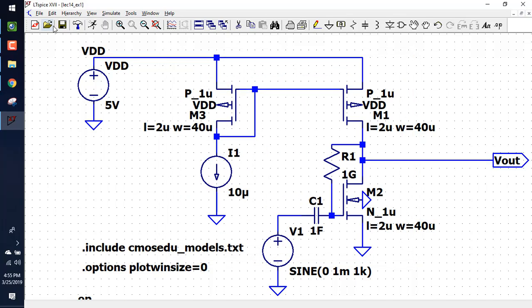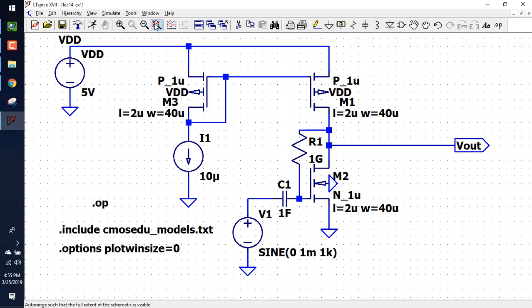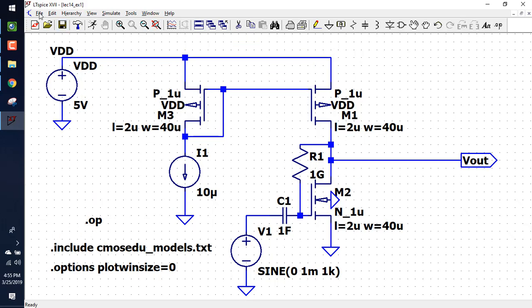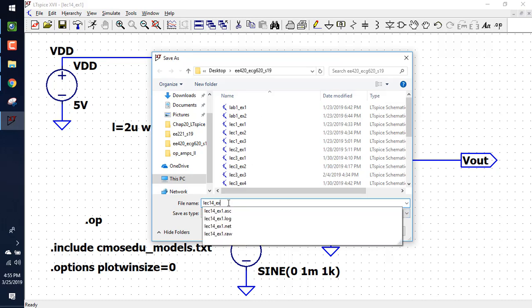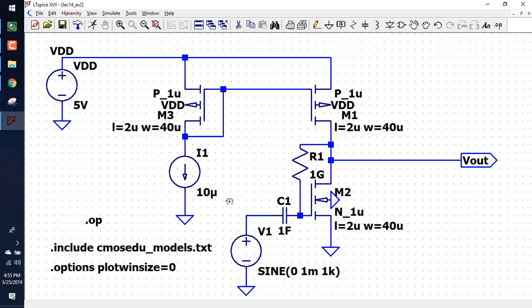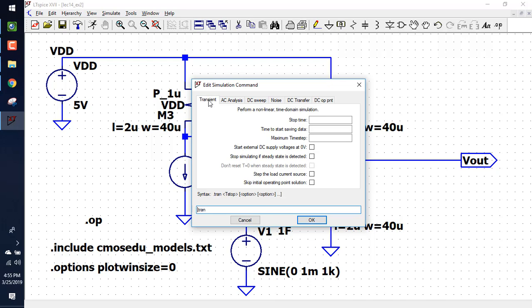Now I'm going to go over here and I'm going to hit save. Then I'm going to do fit. And I'm going to do move. I'm going to do boom, save. File, save as, and then we'll do lecture 14, example 2. And then I'm going to go back to this, and I'm going to plot 3 or 5 cycles.